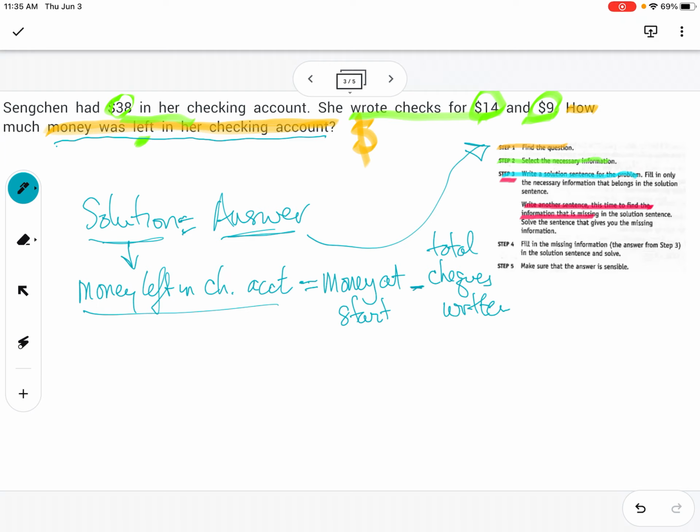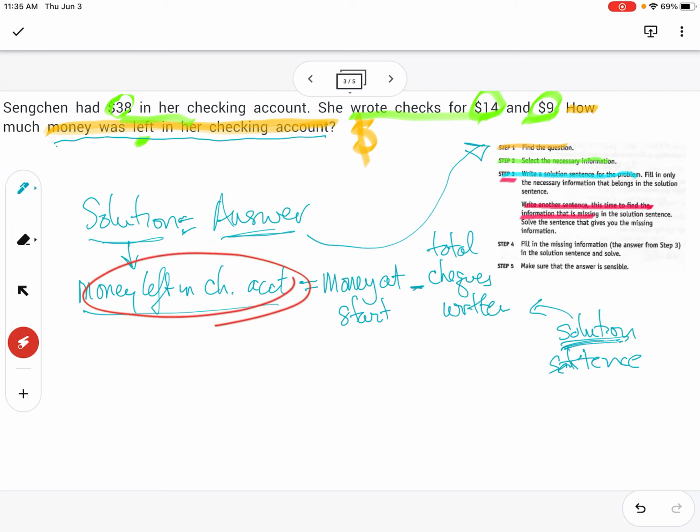Now, just like before, we're giving it a name. We're calling it the solution sentence. And we have a reason for that. If we think about it, it might help us to understand why we're calling it that. We're calling it a solution sentence, the word solution, because this sentence is the sentence that describes how I'm going to get my solution. They're asking me to find how much money was left.